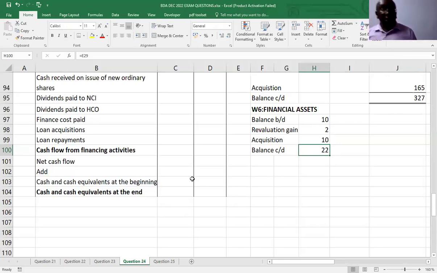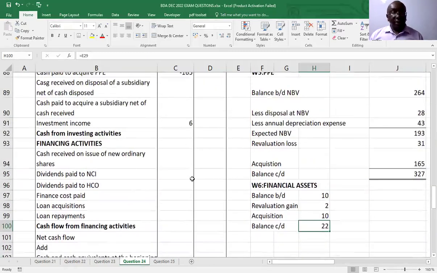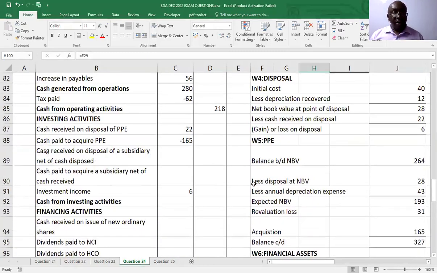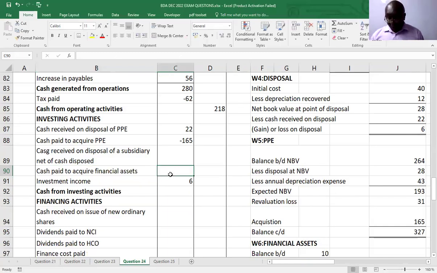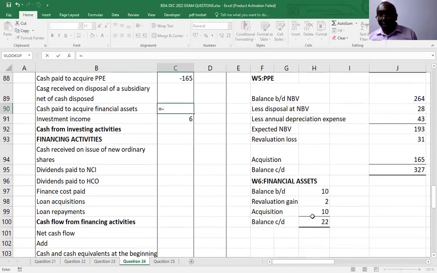So if we paid 10, sasa nitakuja hapa kwa my investing. So huyu nitasema cash paid to acquire financial assets. So it is equal to negative. Kuja hapa. Iweke hapo.